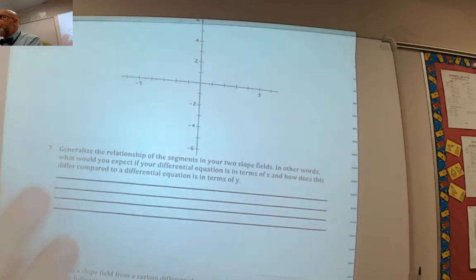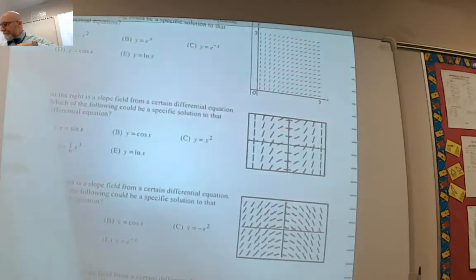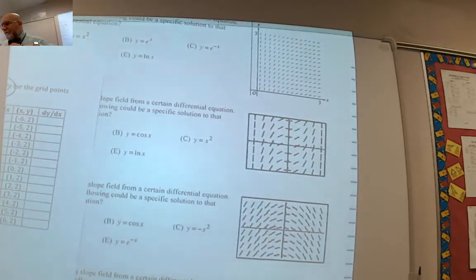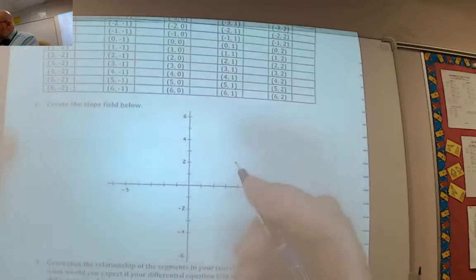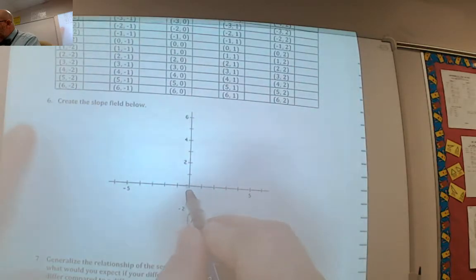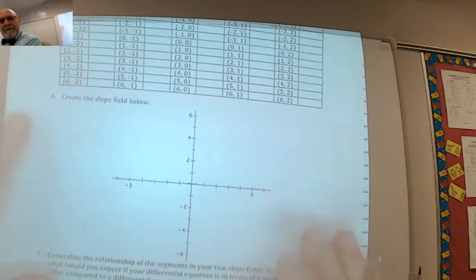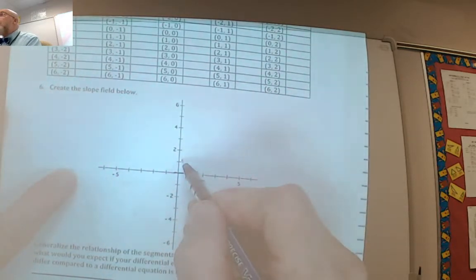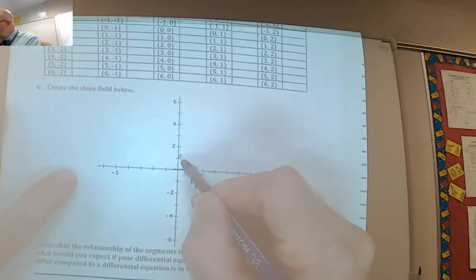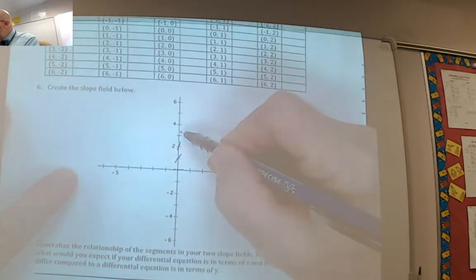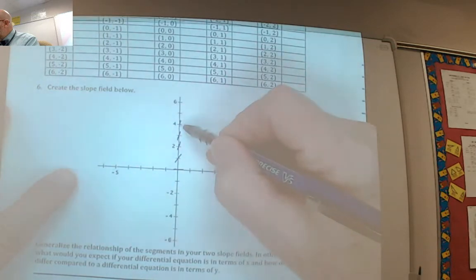What does the graph look like? I think it looks like this, actually. What did you get? You must have had 0 here, am I correct? And right here you would have had 2, and right here you would have had 4. And here they get really steep, correct?